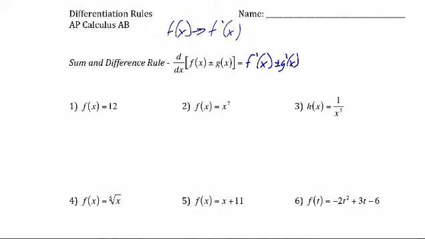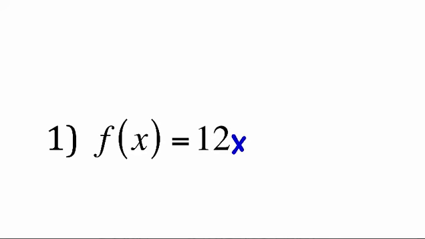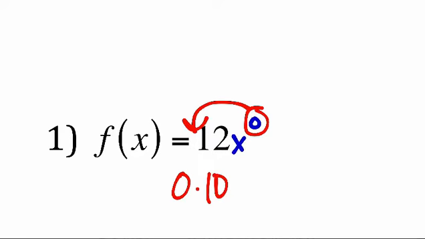So on number 1, f of x equals 12. And folks, one thing I suggest, especially in these beginning stages, is to give it a variable raised to the 0 power. So take your constants raised to the 0 power. Just as a refresher, what we end up doing with our exponents is we take the exponent, multiply it out front, so it's going to be 0 times 12, and I'm going overboard here, times x to the, and we subtract 1 from the exponent.